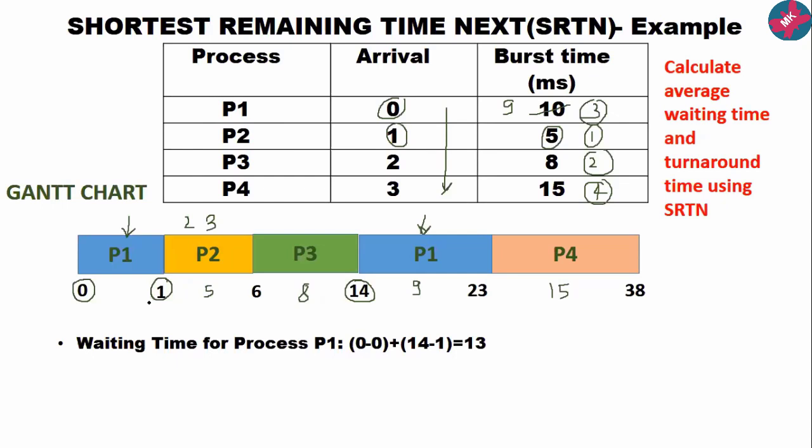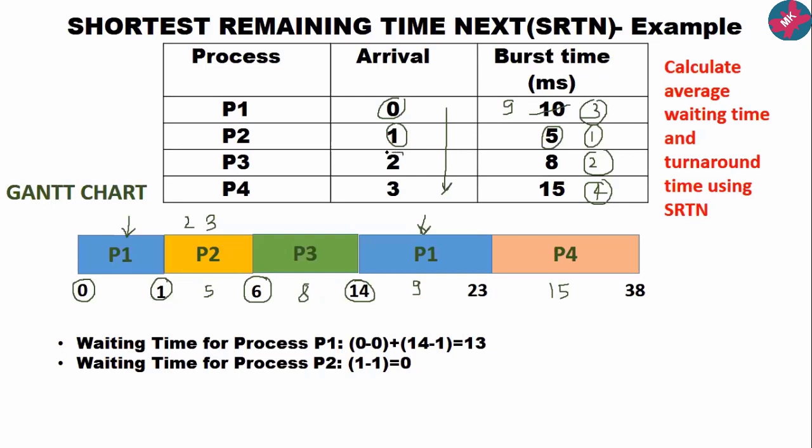Next, calculate the waiting time for process P2. If you observe, its arrival time is 1, and it started execution at 1. So it is 1 minus 1. And in this Gantt chart, next time it was not given a chance, isn't it? Hence, waiting time is nothing but 1 minus 1. Consider process P3.